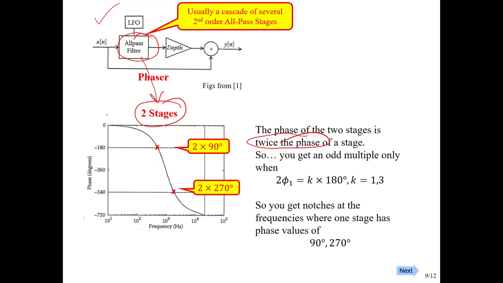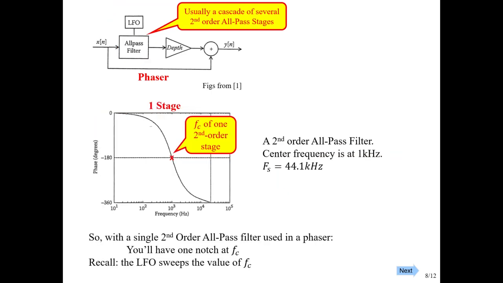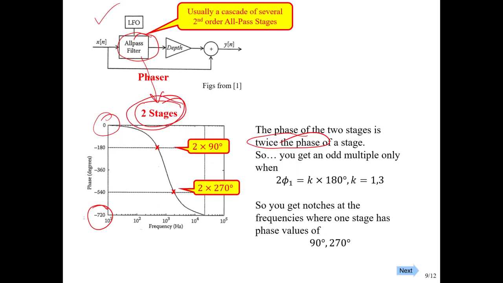So here we see it goes from 0 to minus 720, and over here we saw it going from 0 to minus 360. So now, since we're going with two stages from 0 to minus 720, there's two places that are integer multiples of 180 degrees. And that's where we'll have notches in our filter. So I've put two X's there.